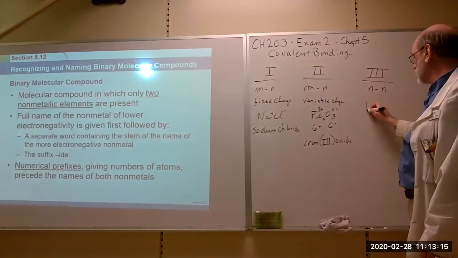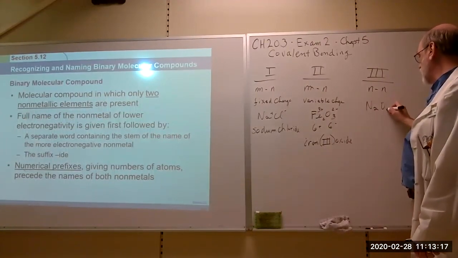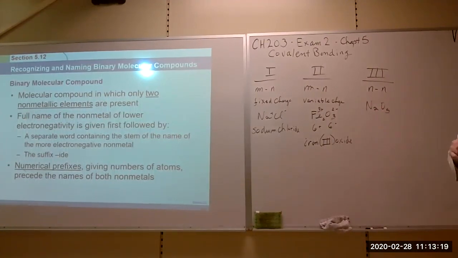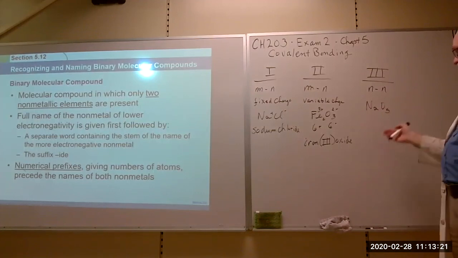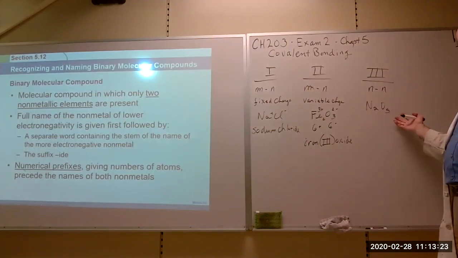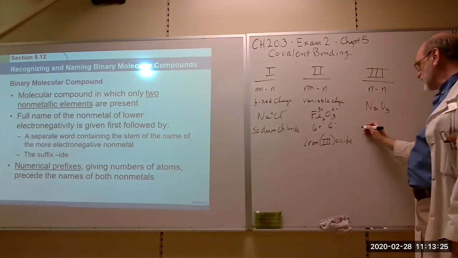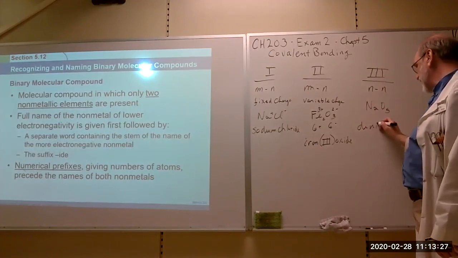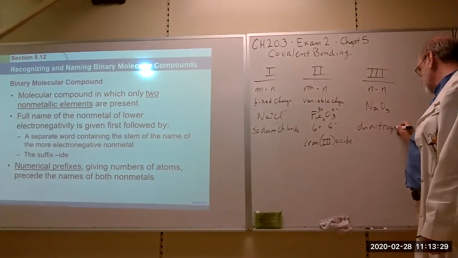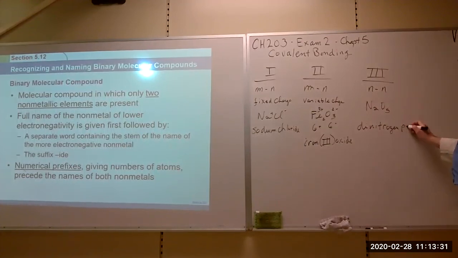So if we say this one, N2O5, we use the Greek prefix for the 2 and the Greek prefix for the 5. So we say di, nitrogen, penta, oxide, or pentoxide actually is better.